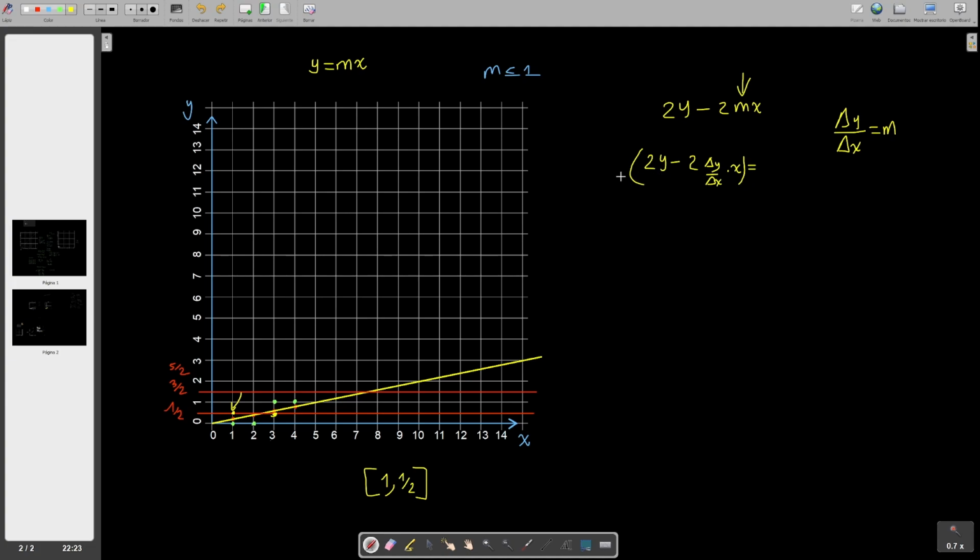But if I abuse this trick, multiplying the entire equation by delta x, I'm going to get this form now: twice delta x y minus twice delta y times x. Okay, and don't get lost by this change of forms.